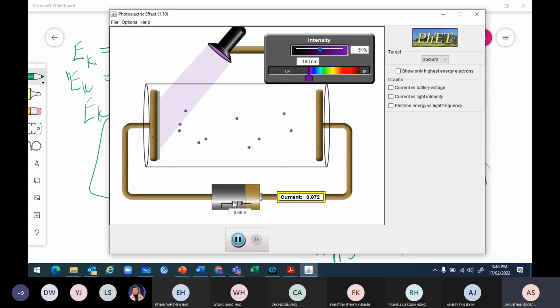I drag it to the left, and the voltage is -4. -4 means the right side is the cathode. You see the electron slows down. I increase the voltage some more and the electron slows down more. I put a very high voltage, and the electrons moving to the right all slow down or move back, because the kinetic energy of the electron is used to do work against the electric field.